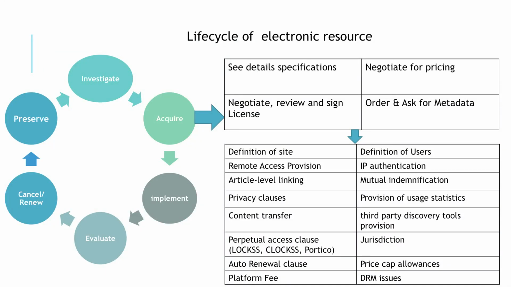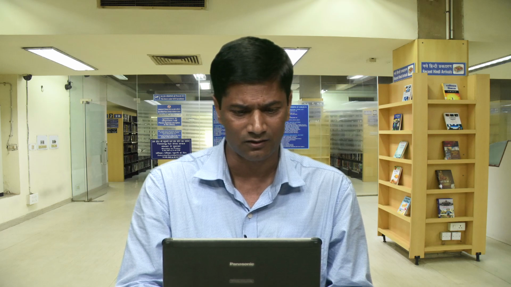We should also see whether there are any DRMs or platform fees associated with the resources, and check the auto-renewal clause, because in many license agreements the resource is automatically renewed after a certain period, like 1 year or 2 years. We have to see this also.